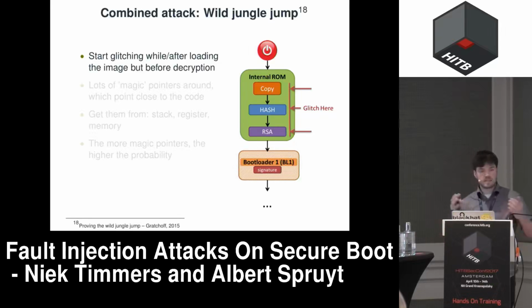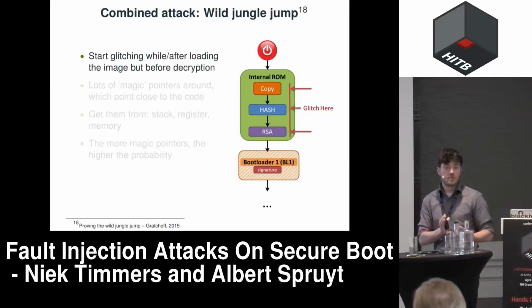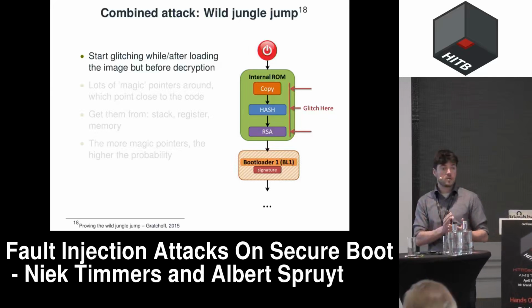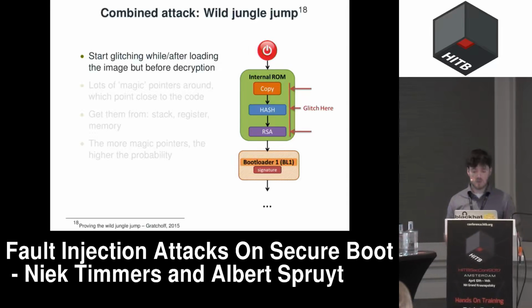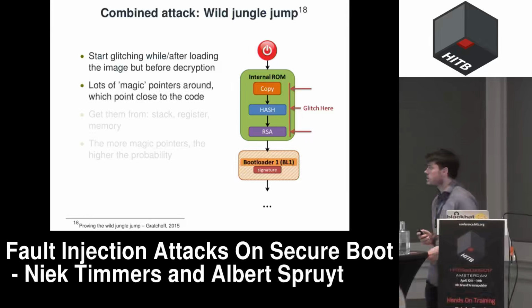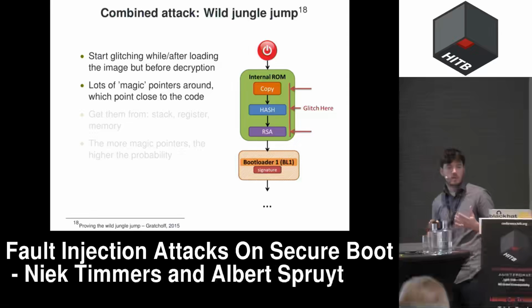And the idea is to start glitching, and hopefully we'll jump directly somewhere close to our payload. And this actually works in practice, because there are a lot of magic pointers around, and these point quite close to our code.